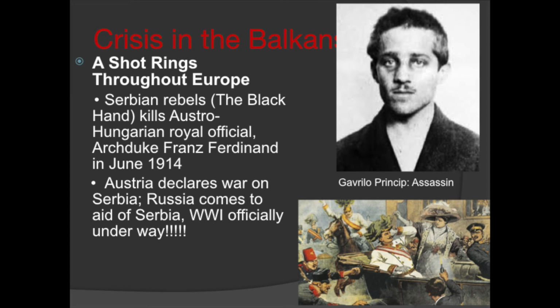What they really were was just a bunch of teenagers that had high nationalistic ideas and wanted to do some stupid things. To illustrate this point, we pick up the story with 19-year-old Gavrilo Princip, who would be Franz Ferdinand's assassin.